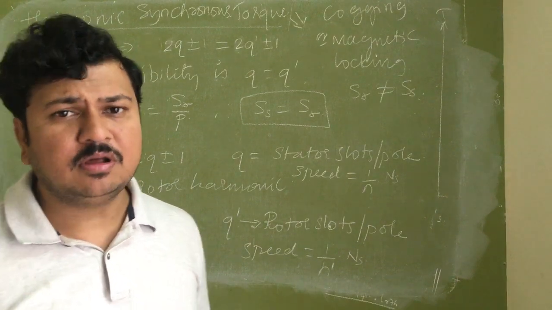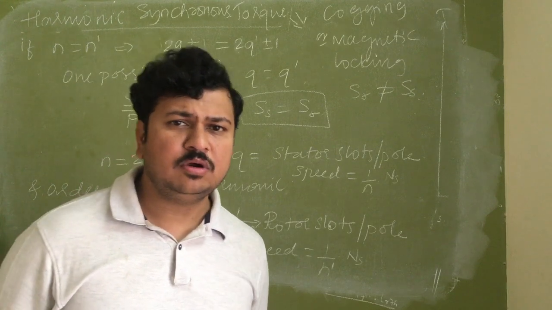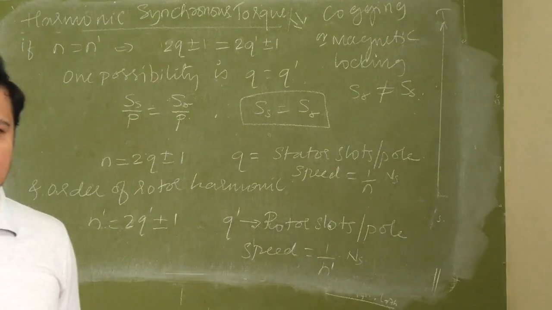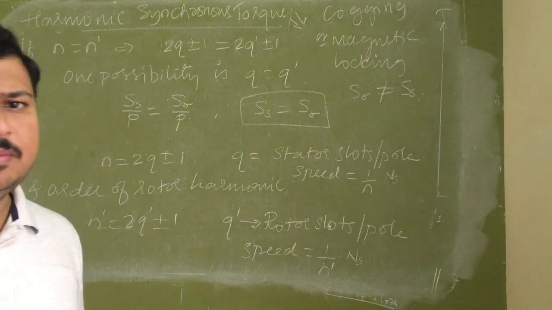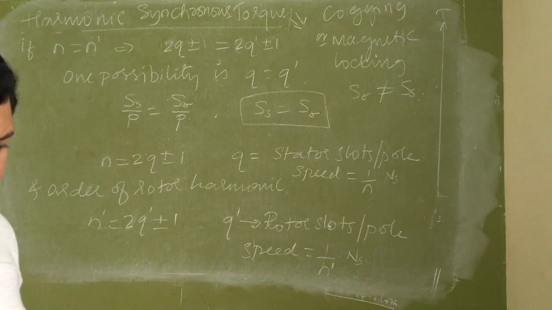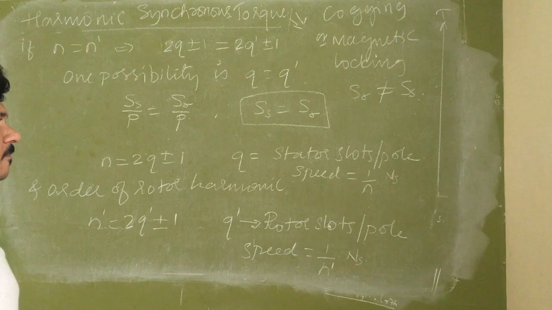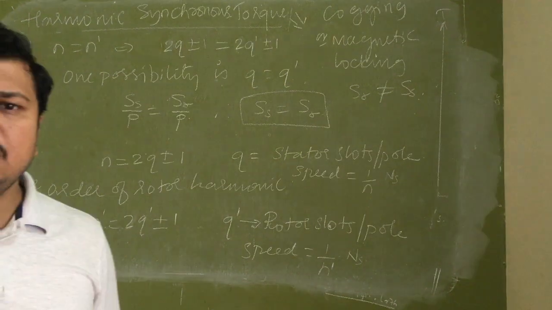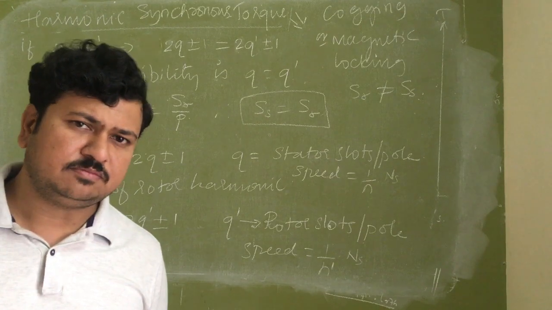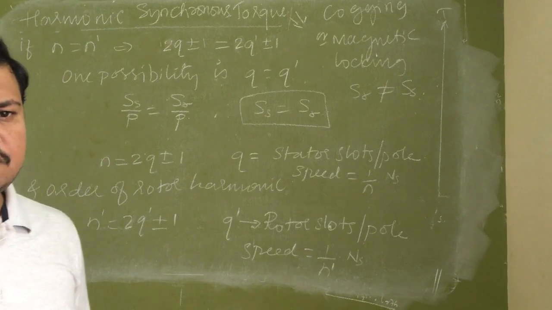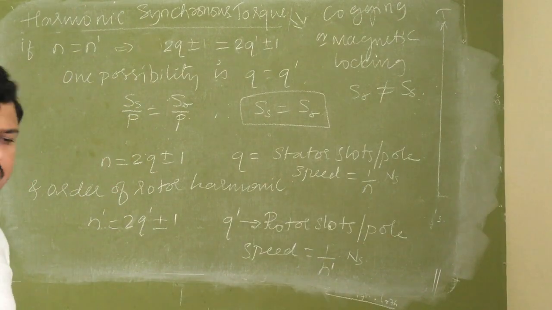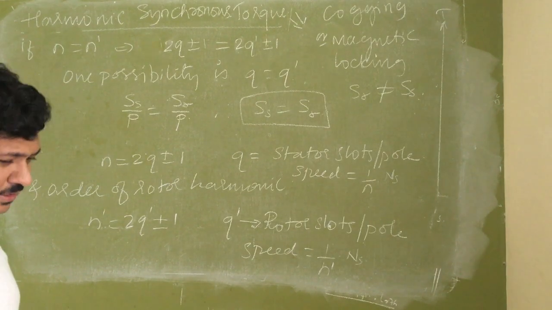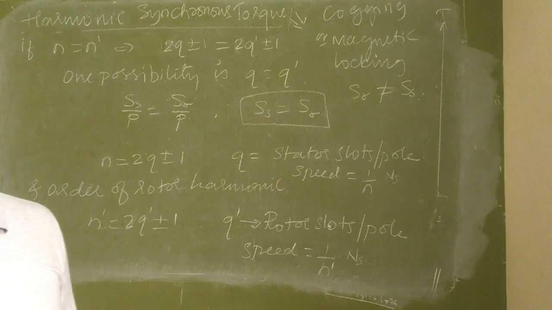Hence the average torque becomes 0 and the rotor will refuse to start, or it will never start at all, and that effect is called cogging or magnetic locking. So to avoid magnetic locking or cogging, I should compulsorily keep the rotor number of slots not equal to the stator number of slots. There are other combinations also for the rotor number of slots which we'll see in the next class. So these are the effects of harmonics.